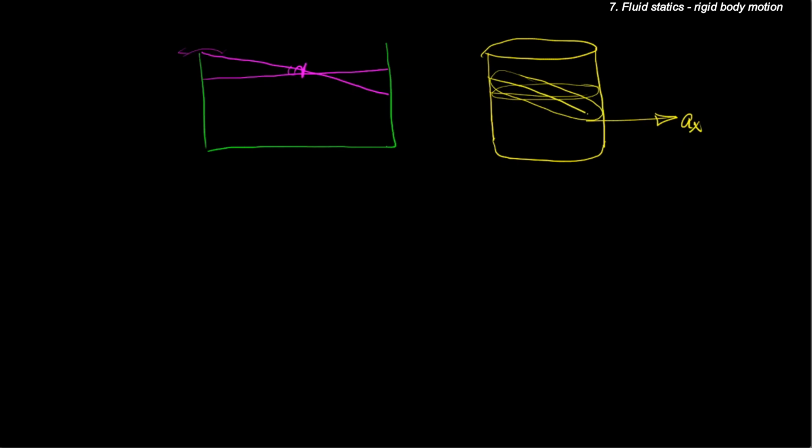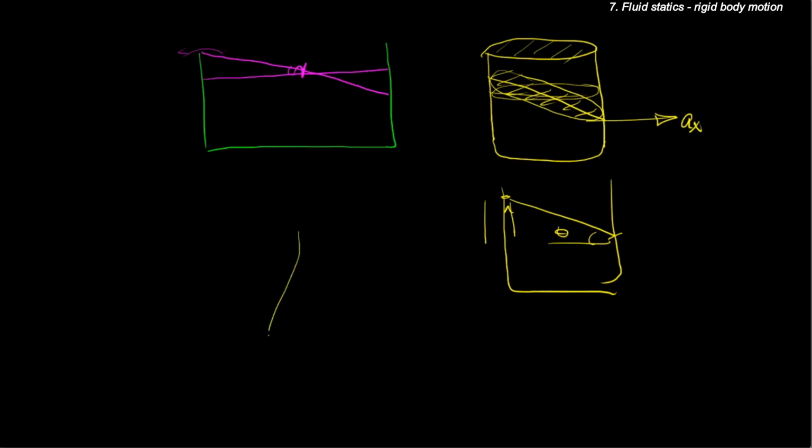So if I have the side view, the slope of this surface will have the same motion despite it being a non-rectangular cross-section. This angle will be the same as this, because hydrostatics does not really depend on the area of contact. You can have two beakers, one like this and one like this.